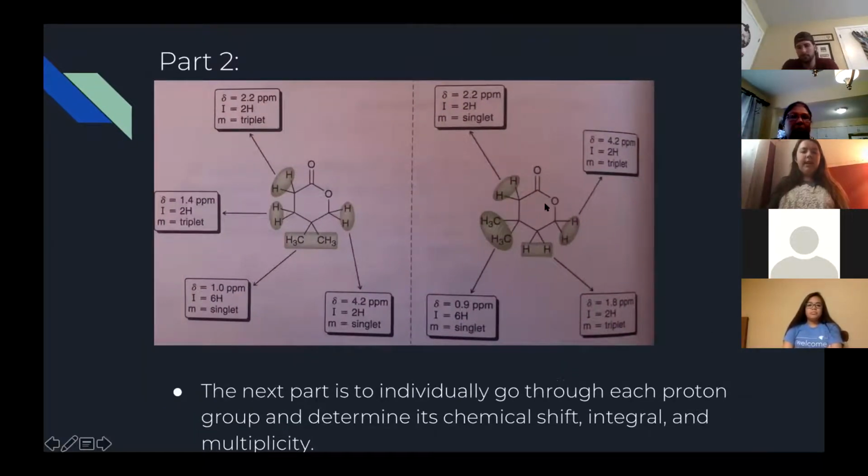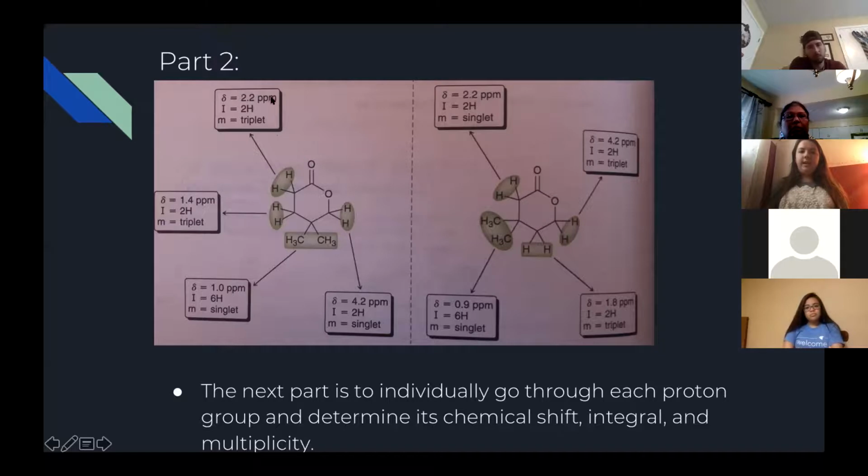So just looking at this slide, you can see that both of them have 4 signals. But whenever we look at the individual values, that's where we see a lot of the differences. The multiplicity and integration values are pretty similar, but the chemical shifts are what is different.